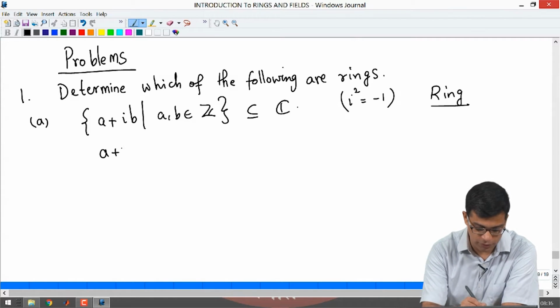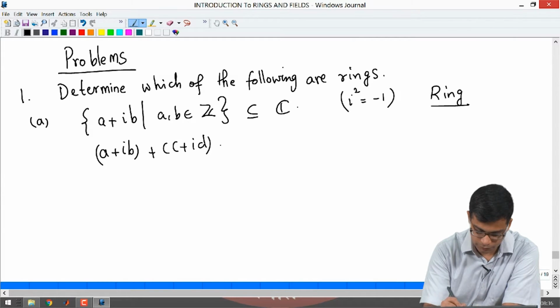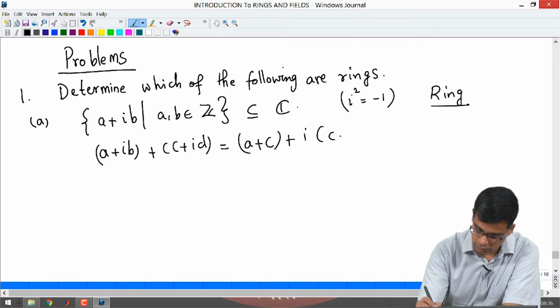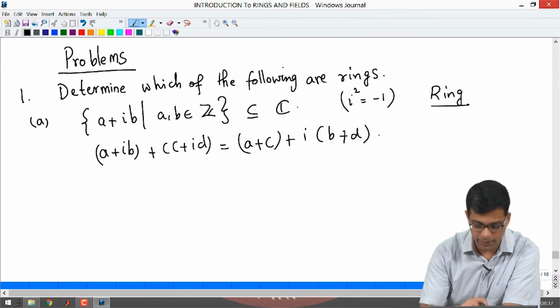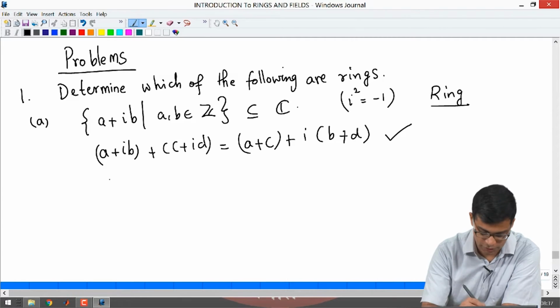If you obviously add two such things, you get a plus c, b plus d. This is certainly fine: if a, b, c, d are integers, a plus c and b plus d are also integers.